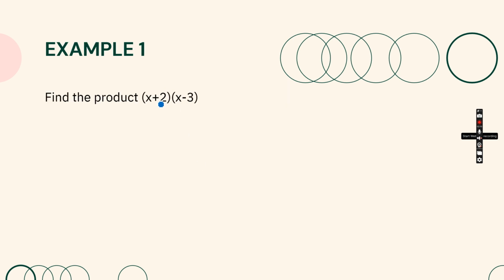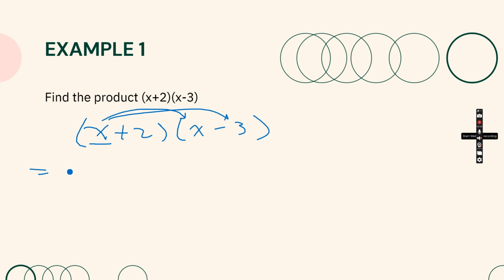For example, if we were to solve this problem, x plus 2 times x minus 3, we'd solve this like so, where our first break would be this first x times all the terms inside here, so x times (x minus 3), plus the second term, 2 times all this stuff, so 2 times (x minus 3).